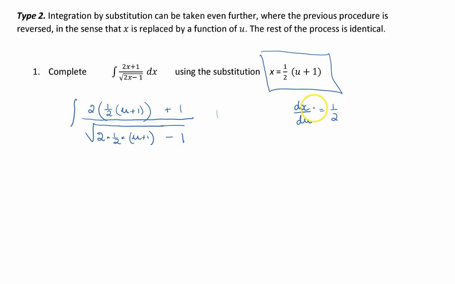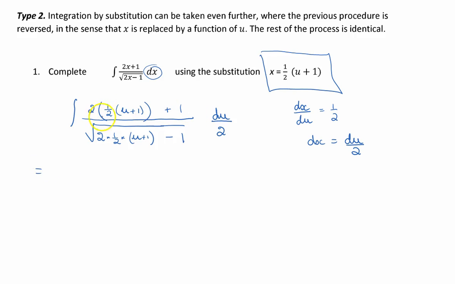Now, knowing that I've got a dx here, and I want to remove that, let's get an expression for dx. So I could get dx by itself if I multiplied both sides by du. So dx is du on 2. And so I can put that in now. dx is du on 2.